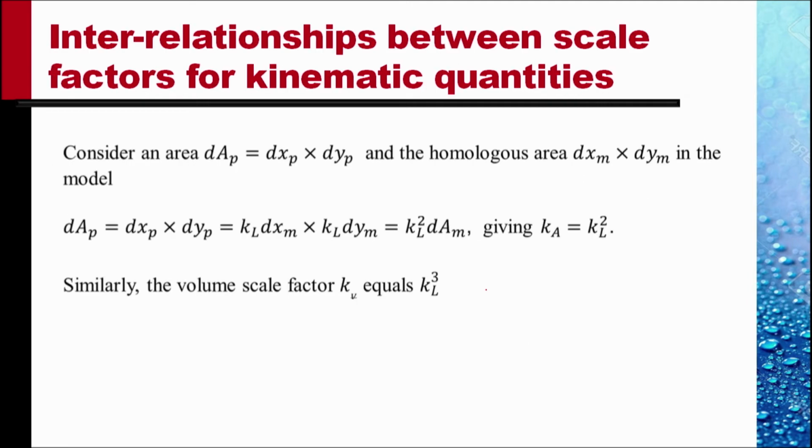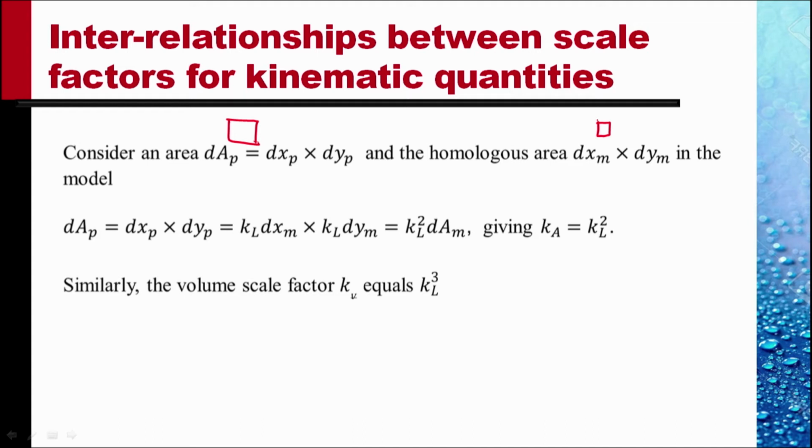To begin this consideration, let's consider a small area in a prototype with one dimension dxP and another dimension dyP. So dAP would be dxP times dyP. The homologous area in the model has the length dxM in the x direction and dyM in the y direction. This is the homologous area in the model.